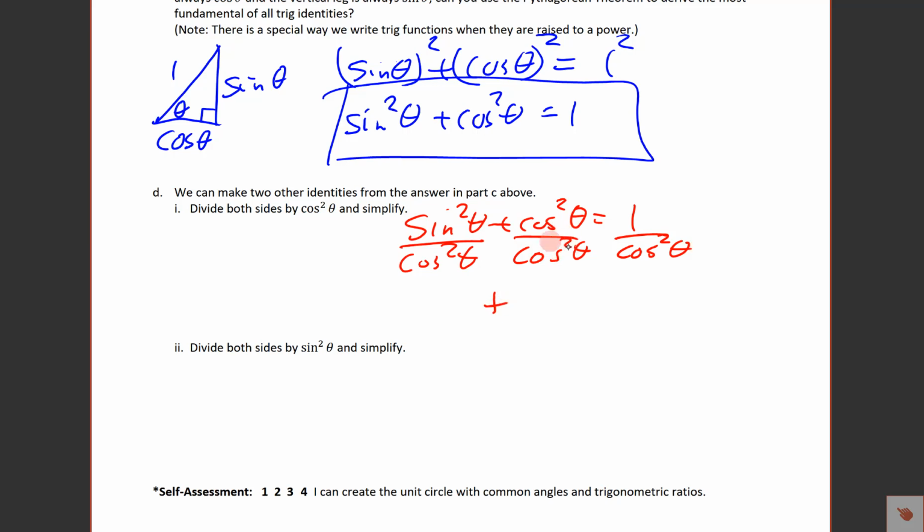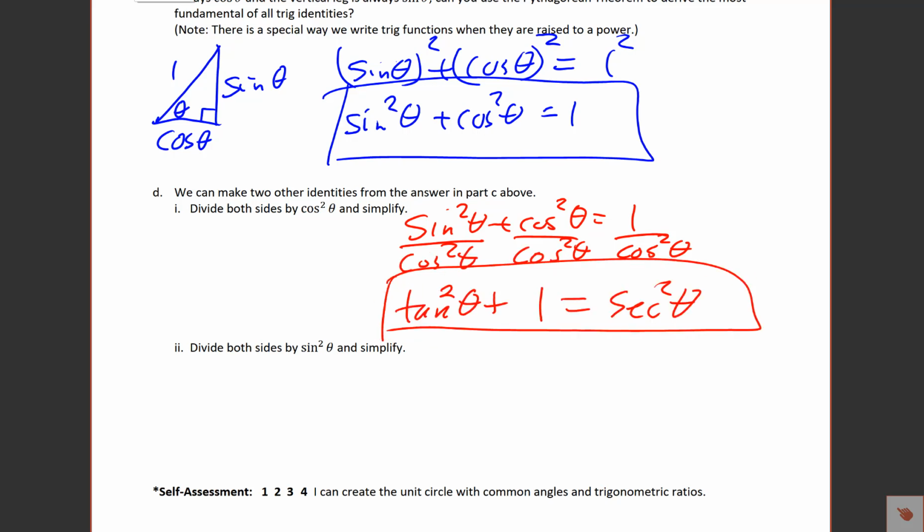What's this? Nothing. 1. What's this? Keely. Tangent what? Tangent squared theta. What's the last one? What is it? Very good. Secant squared theta.